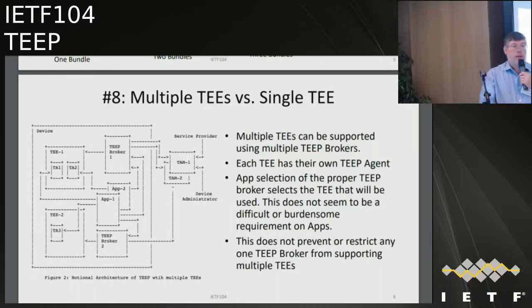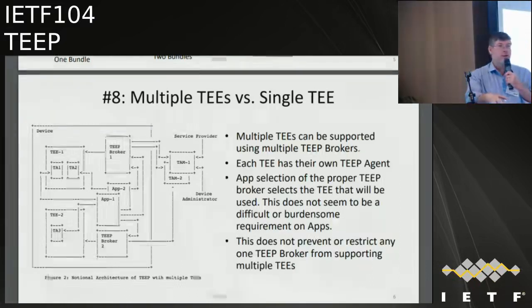So in essence, you could have an OS that combines those two Teep brokers into one and talks to both of them. But the idea is that the local app is going to know what Teep broker it needs to talk to get to the TEE of interest. This is no different than finding the right USB driver or some other device on the platform.